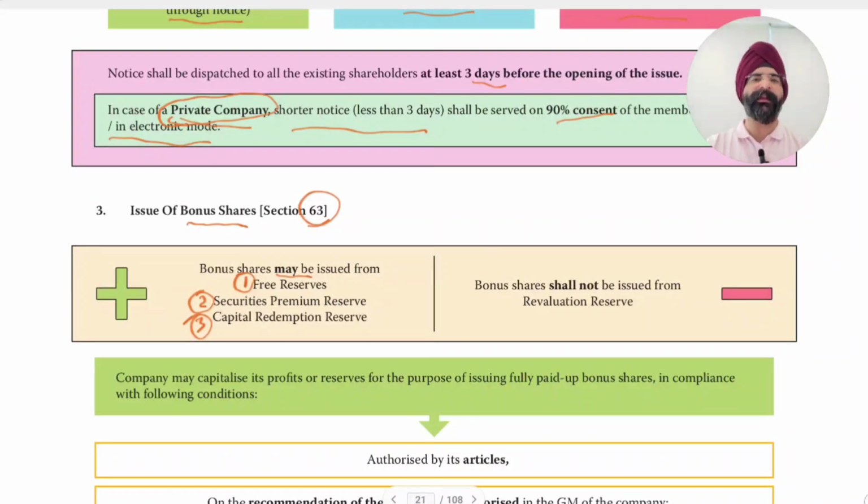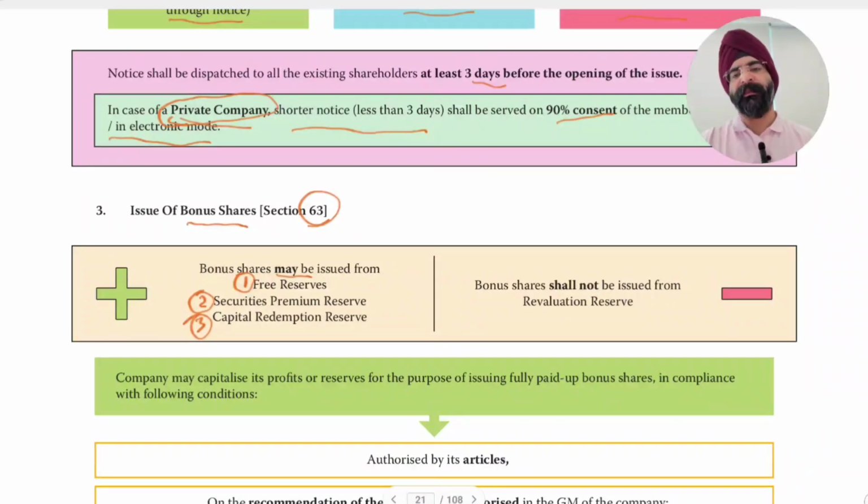Suppose we have all three, then based on our other available securities and other conditions, which one we should utilize also has to be considered. You have free reserves, securities premium reserve, and capital redemption reserve, still you have to apply mind as to which amount should be utilized. You cannot just randomly pick any.